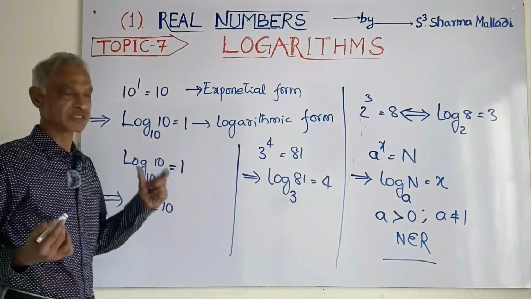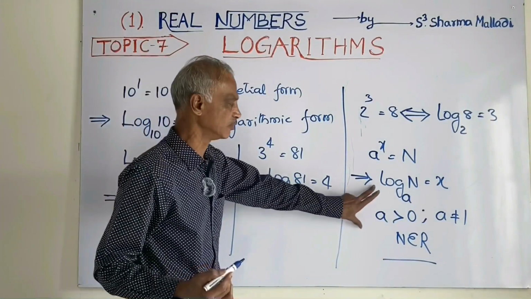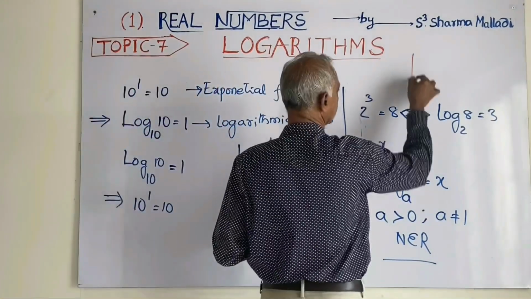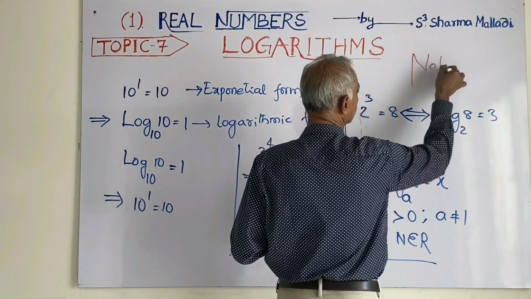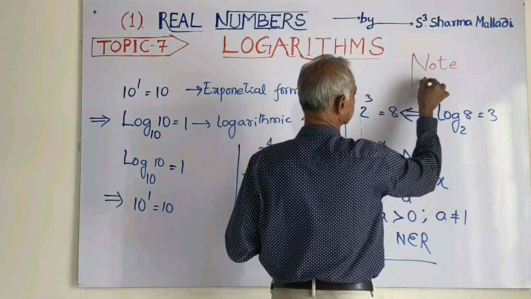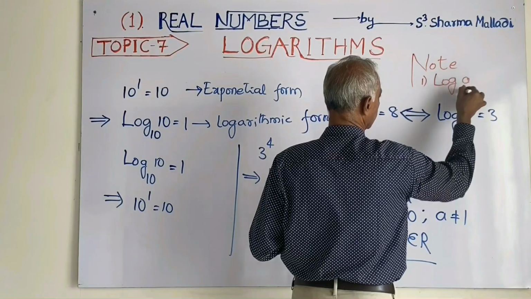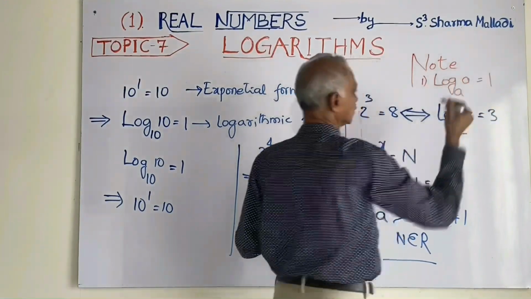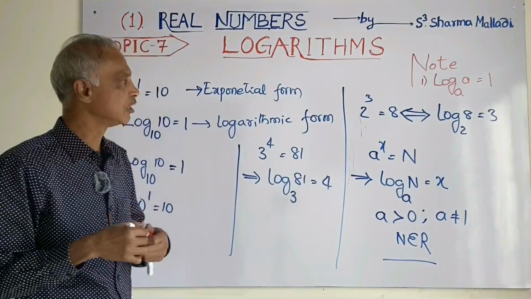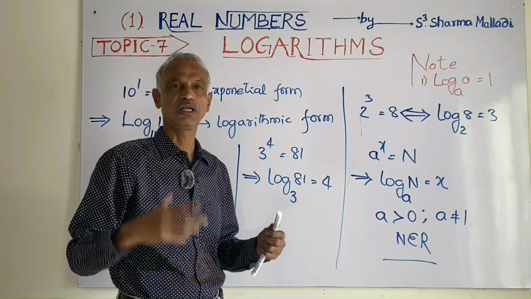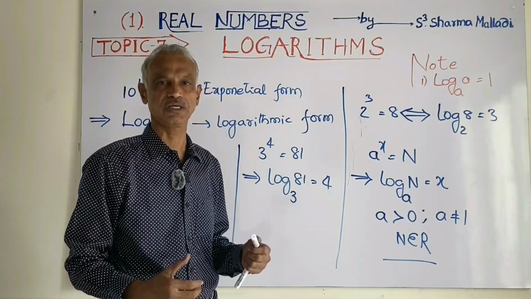See, I will take some examples so that you can understand about this. You take a note. Note 1 is log a to the base a is equal to 1. Log 10 to the base 10 is equal to 1.